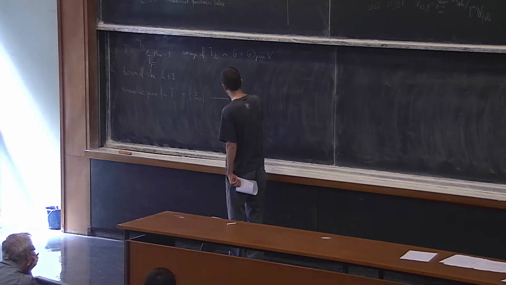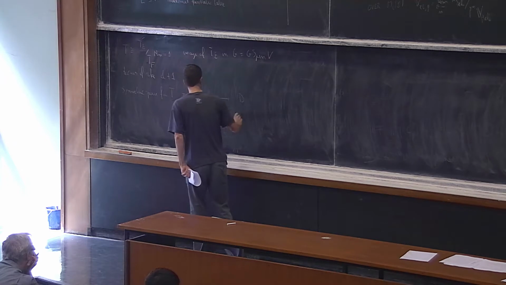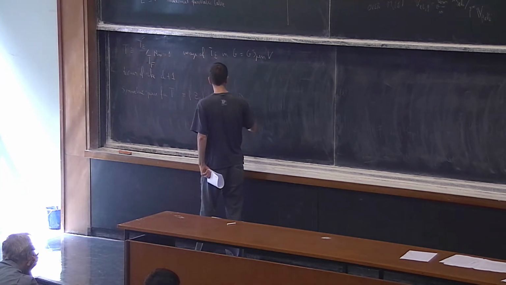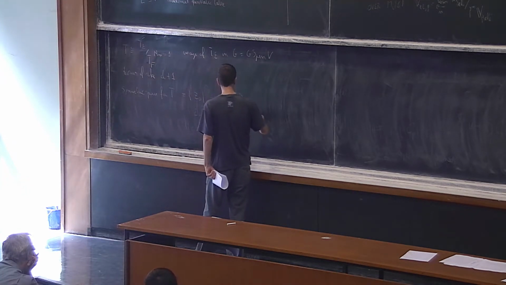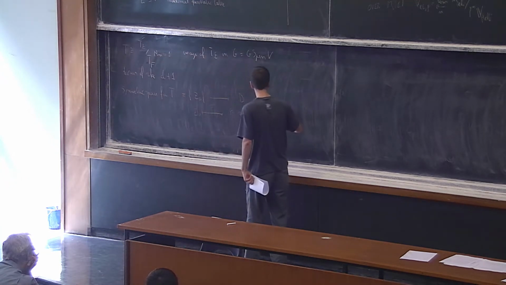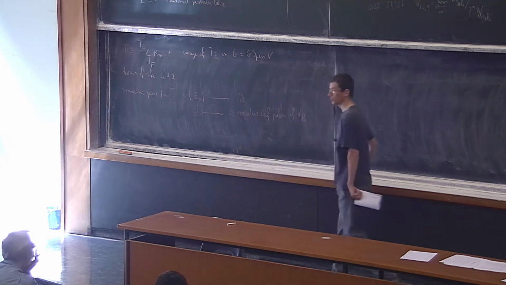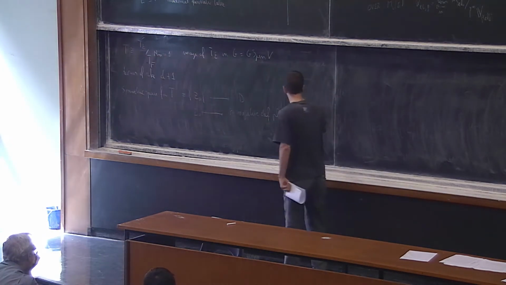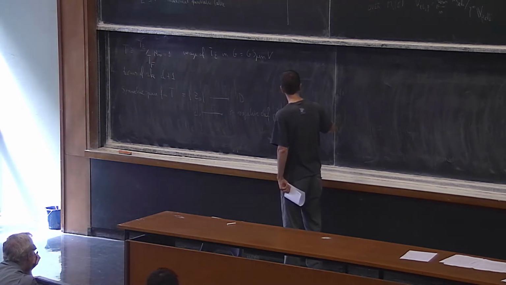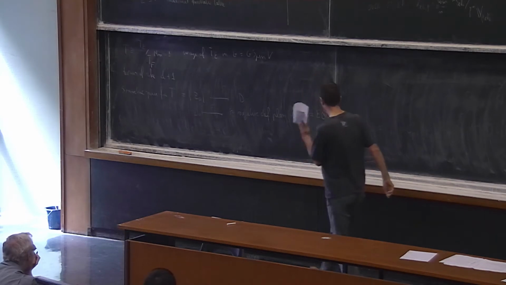I just need to actually define to which oriented negative definite plane of V_R I want to land. So this is simply my E tensor Q R. Okay?